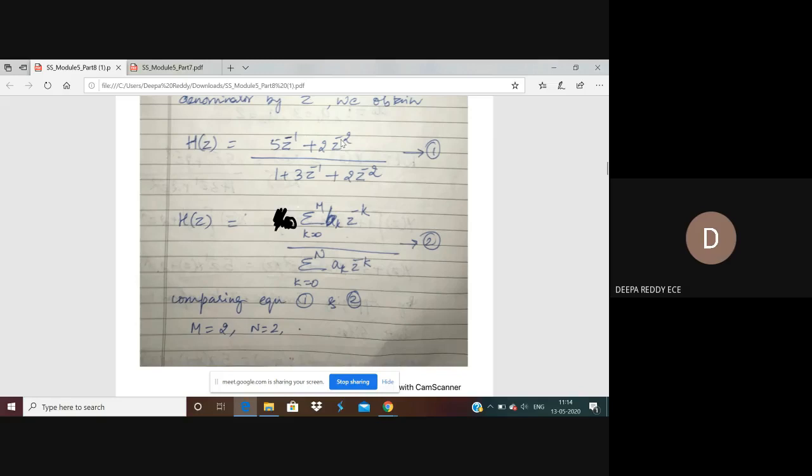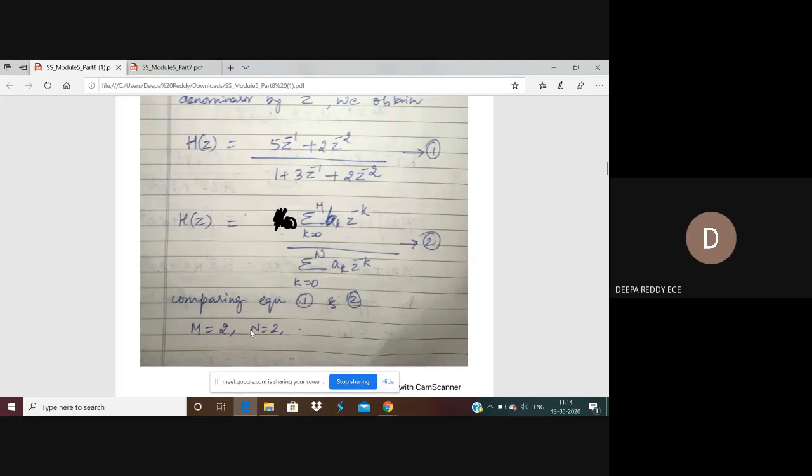Similarly, in the denominator it is 1 plus 3z inverse plus 2z to the power of minus 2. On observation, we can see that the highest degree for the denominator is also 2.